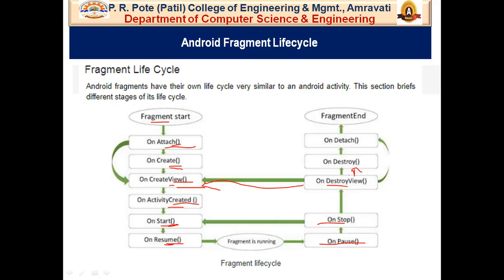Then the fragment is detached from the host activity, and the fragment is destroyed. So this is a typical life cycle of a fragment, which starts whenever the fragment is added and ends whenever the fragment is detached from the view.